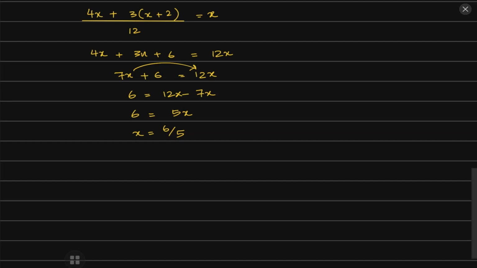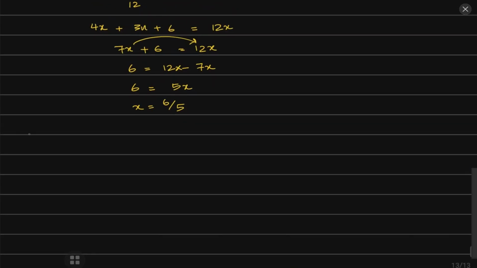Another thing that you will get is where you will simply be asked to simplify a given algebraic expression. This is the third type of question the examiner might ask you.